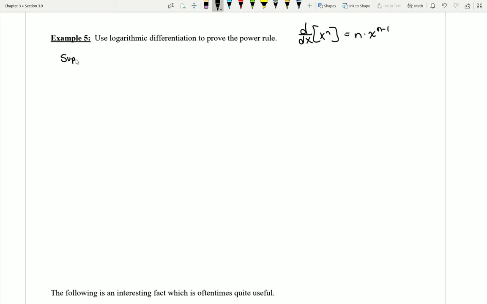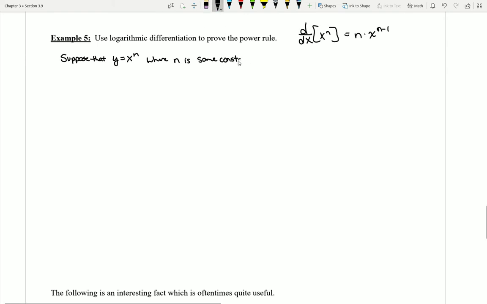I'm going to go ahead and start by saying, let's suppose that y is equal to x to the n. So this is the thing I want to take the derivative of. And we'll say where n is some constant. Let me write that.